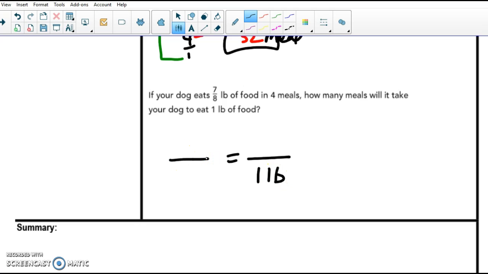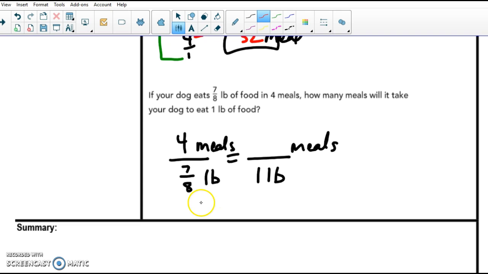So as I write my equivalent ratio over here, I need to put 7/8 pounds on the bottom because I'm going to turn 7/8 of a pound into 1 pound. So I'm going to put 4 meals on the top. That way I have set up a proportion that shows pounds to pounds, meals to meals.